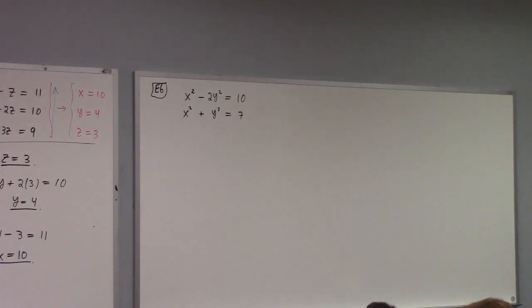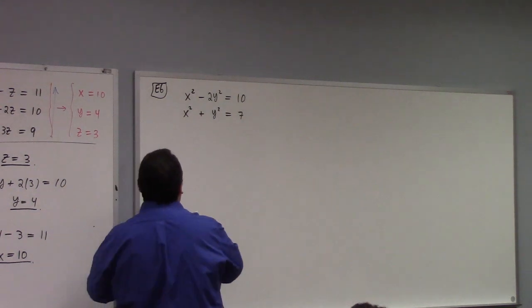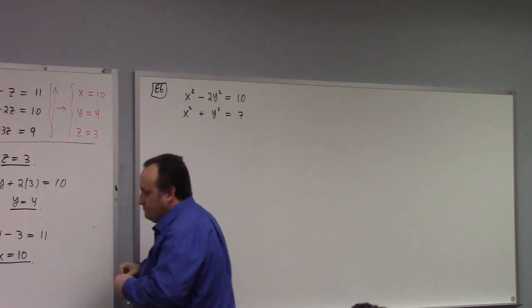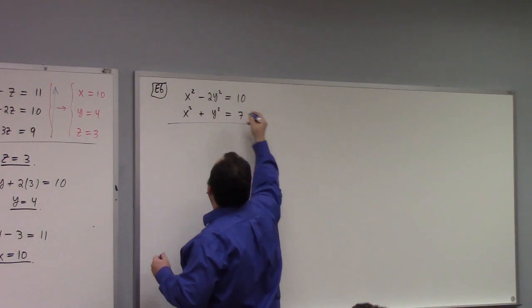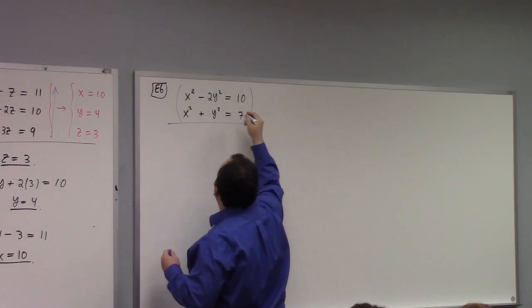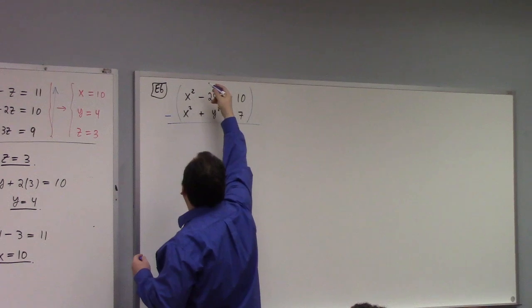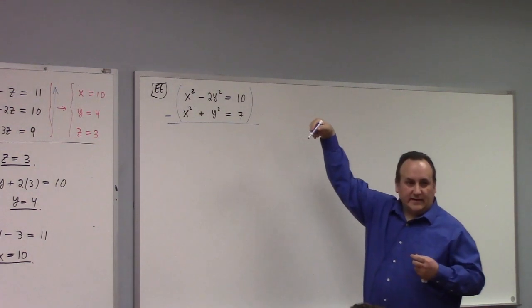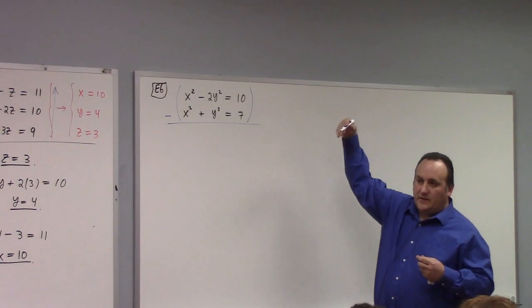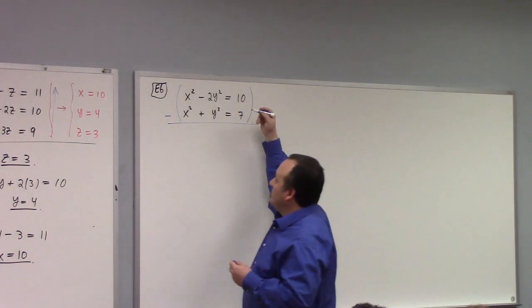Now let me suggest there's another way we can think about things. We can add equations, we can subtract equations. The way I would do it is I would subtract these equations. By that I mean we subtract the left-hand side from the left-hand side, and the right-hand side from the right-hand side. This is an allowed thing we can do to equations and not change the solution set.